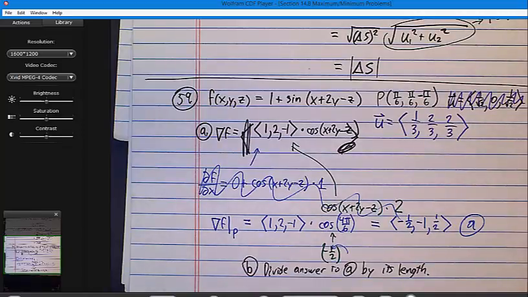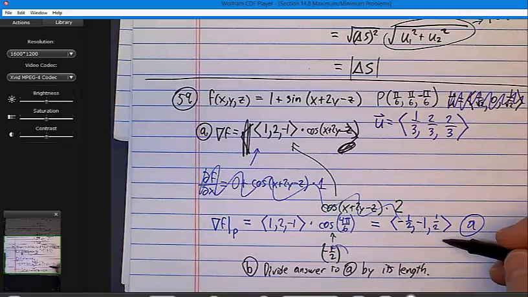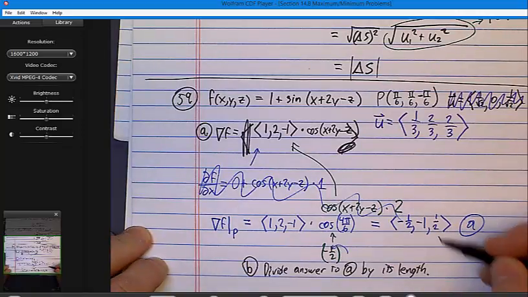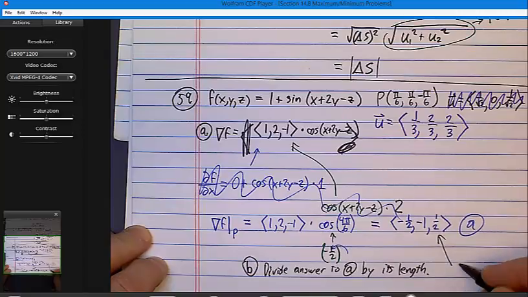Find the rate of change of the function in the direction of the maximum increase at P. Okay, so basically what I want to do now is, part C says to compute du in this direction.